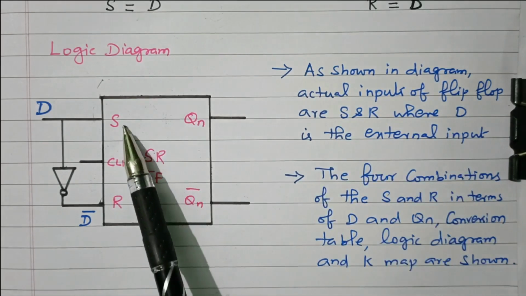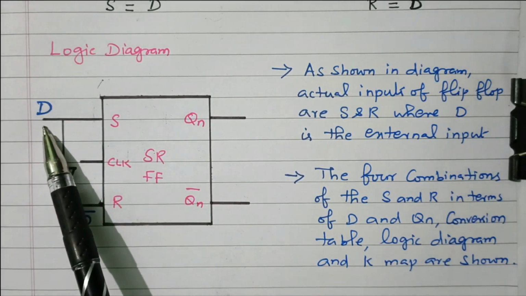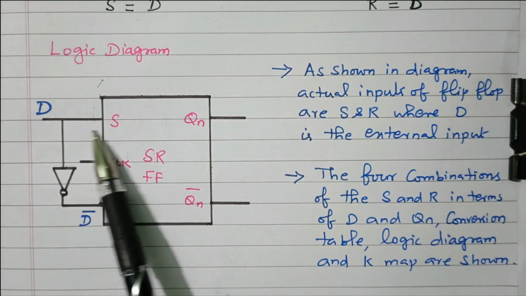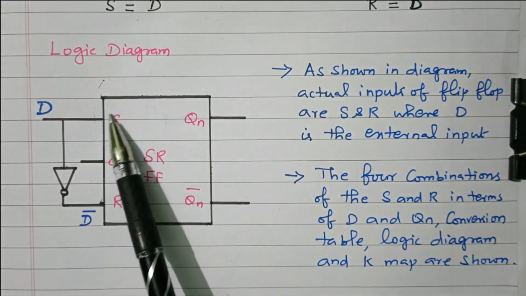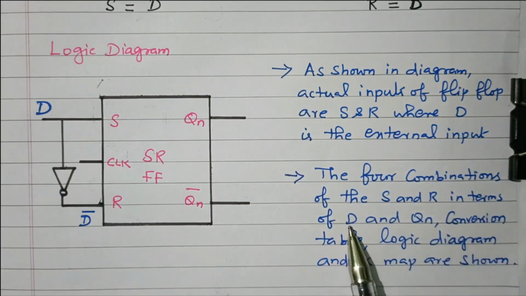So for this flip-flop, S and R are the internal inputs, but the external input is D. We designed the expression for S and R accordingly. The four combinations of S and R in terms of D and Qn, the conversion table, logic diagram and K-map are shown in the diagram.